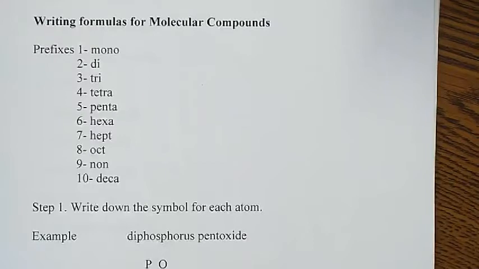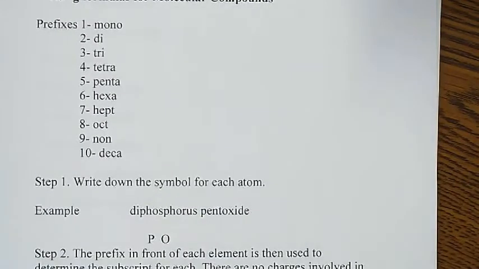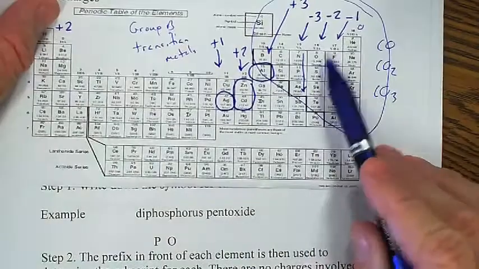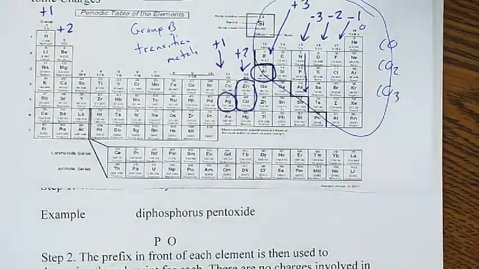Notice diphosphorus pentoxide. You start seeing these prefixes when it is a combination of two nonmetals. And again, I want to emphasize that, the nonmetals. So there is phosphorus, there's oxygen. Some people ask, when do I use these prefixes, when do I not? I've also seen people in class over the years that I teach this on the last day and suddenly they want to use prefixes for everything.